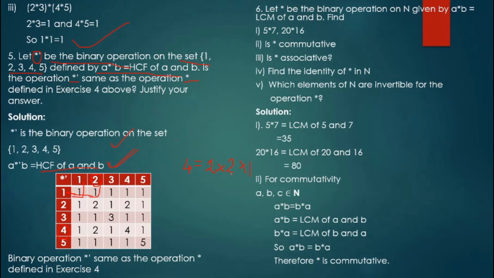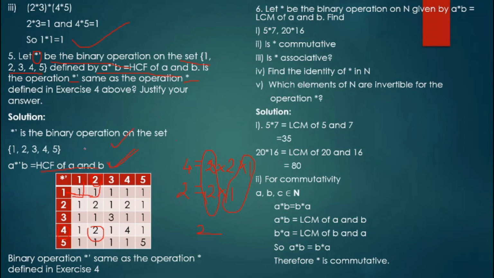Next for 2, it is 2 into 1. So what did we get? 2 into 1. So 2 is the HCF of 4 and 2. Okay, so this is done.